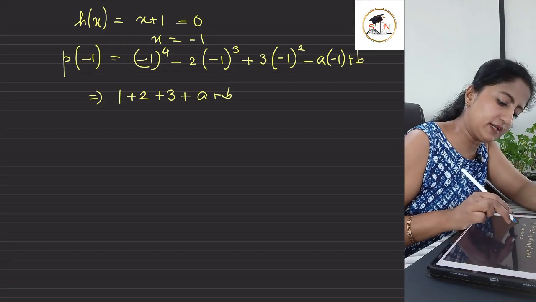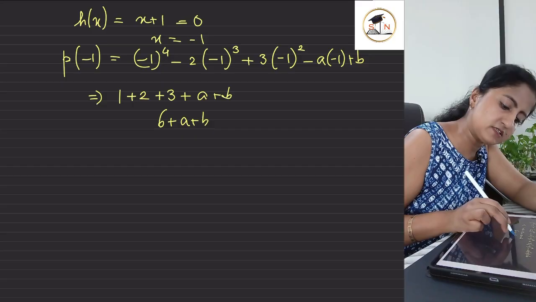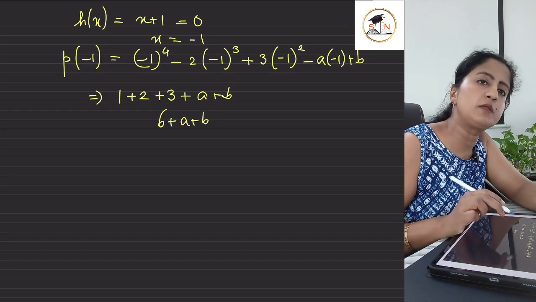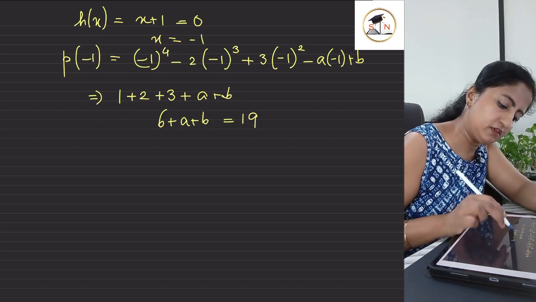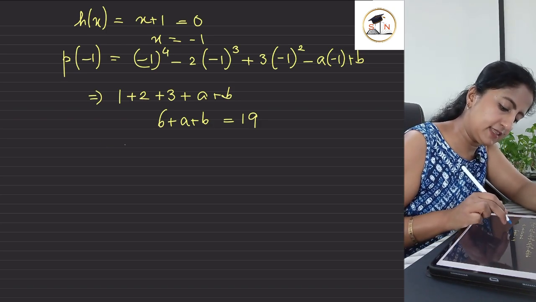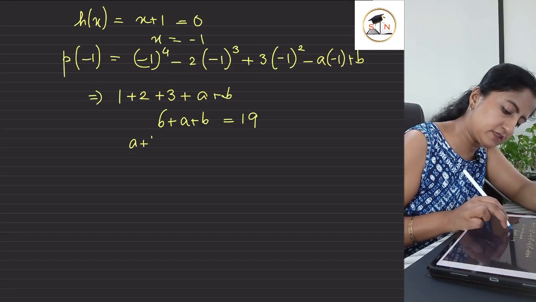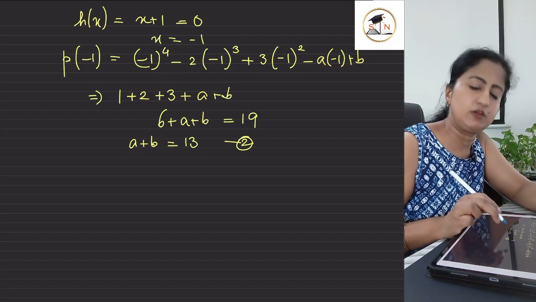Okay, so what do we get? We get 6 plus a plus b. Now, we were told the remainder was 19. So, we are equating it with 19. Right. Now, I'll take 6 to the other side and that leaves me with a plus b equals 13. This is the second equation.